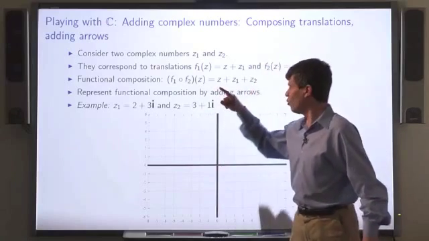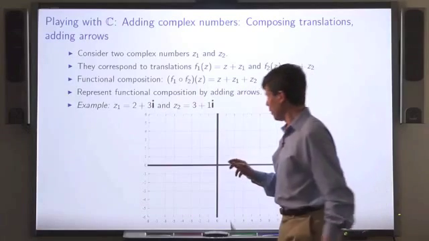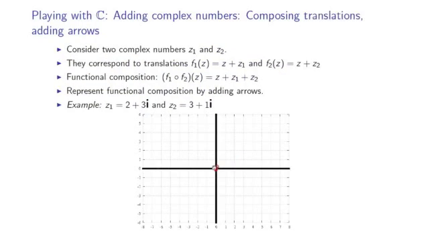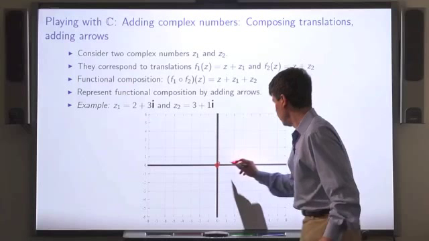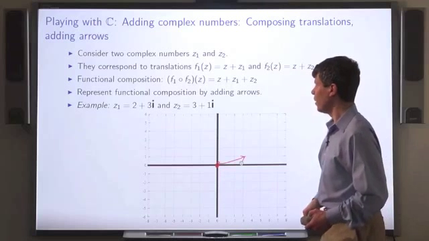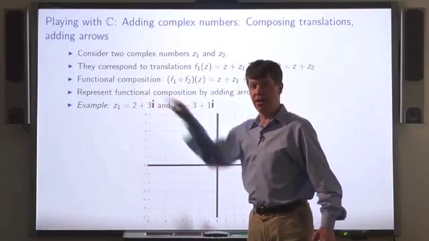Let's say we're first going to apply f2. So that takes a point. Let's start with the origin and translates it 3 units to the right and 1 unit up. 1, 2, 3, 1. So that goes here. Next, we'll write down the arrow representing this complex number.